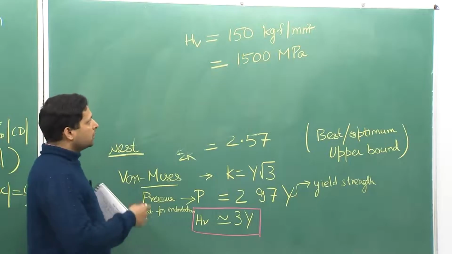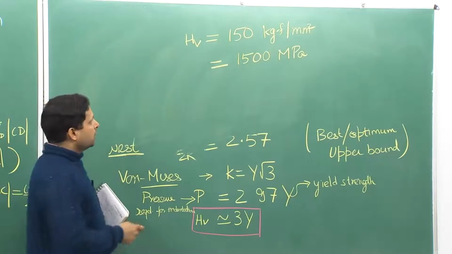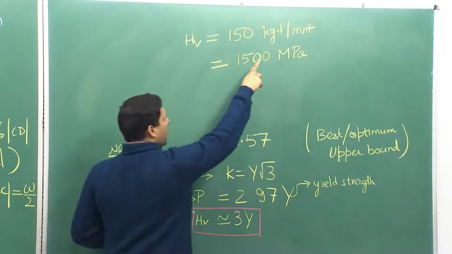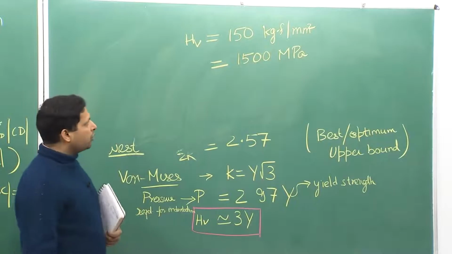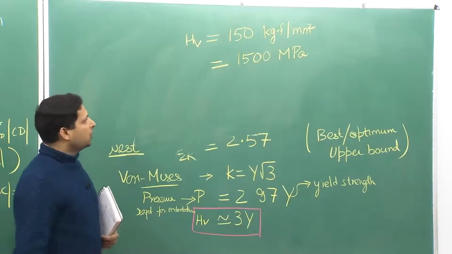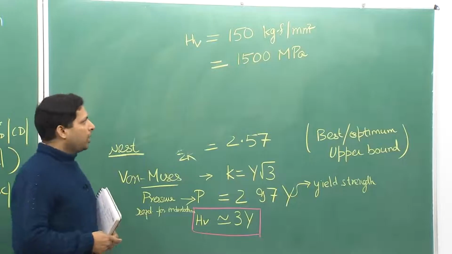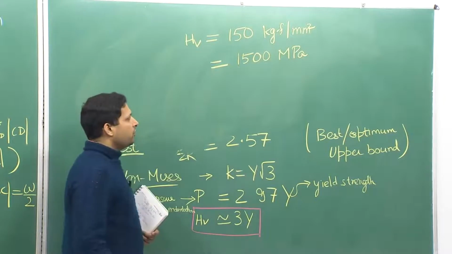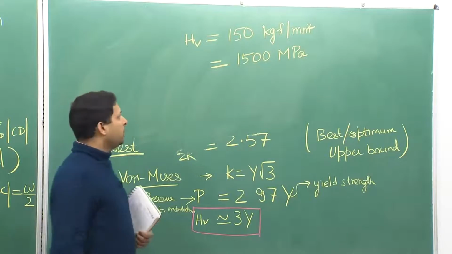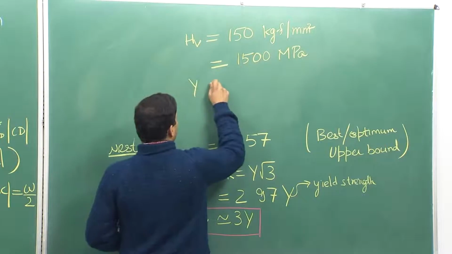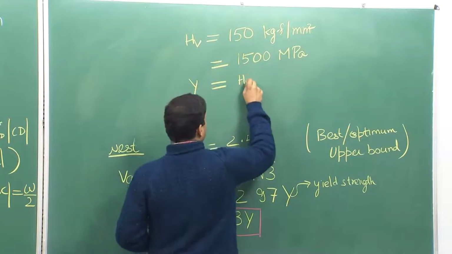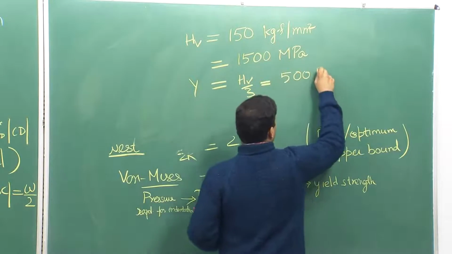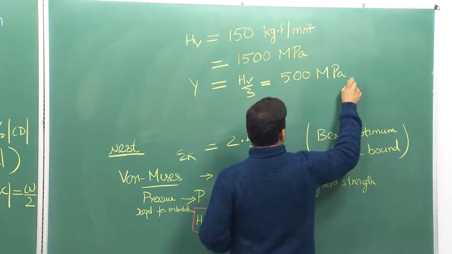So, hardness has units of stress because it is pressure. Stress and pressure have similar units, and when you write it as a simple number, it has the associated or implicit unit of kg force per millimeter square. So, if you have a hardness value given as 150, it is equivalent to 1500 megapascal, and therefore, yield strength will be HV by 3, equal to 500 megapascal.